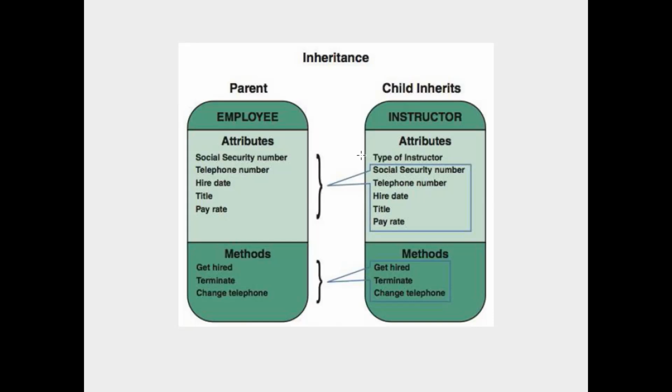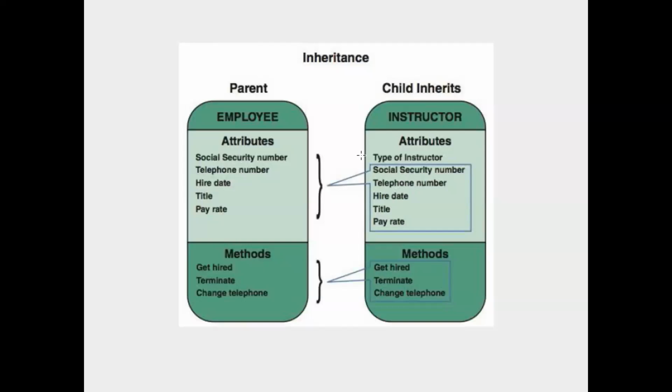So instructor is an employee, right? When you look at the instructor's attributes, all the attributes from the parent class, that is employee, are available. We call it child inherits all the attributes from the employee. All the attributes in the employee are available within the child.